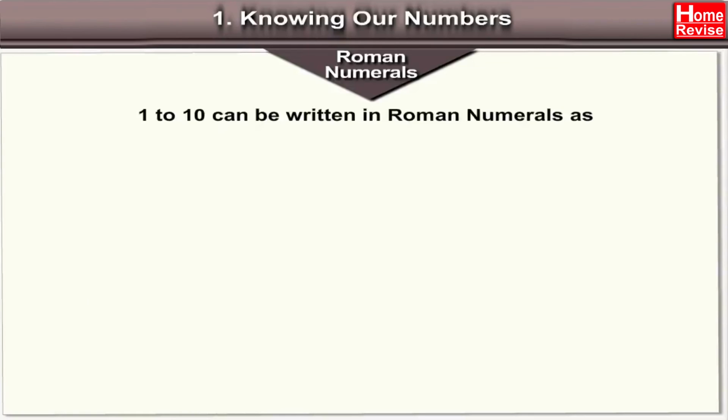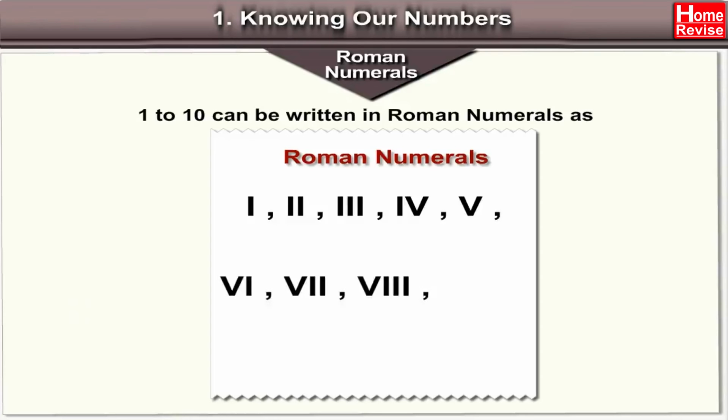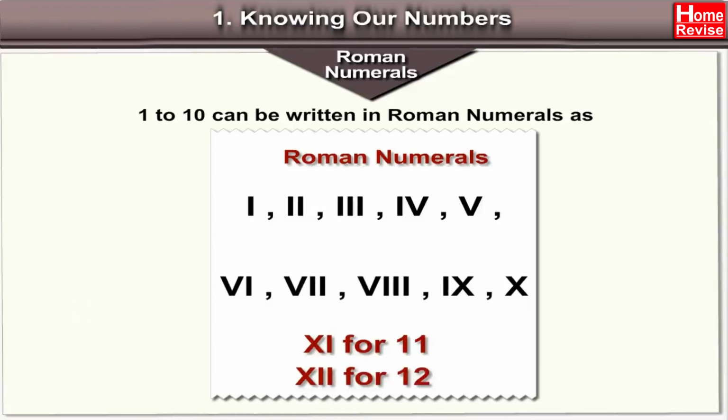Now 1 to 10 can be written in Roman numerals as I, double I, triple I, IV, V, VI, V double I, V triple I, IX, and X. This is followed by XI, that is for 11, and X double I, which is for 12, and so on.